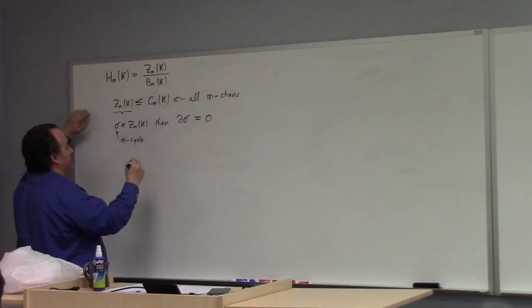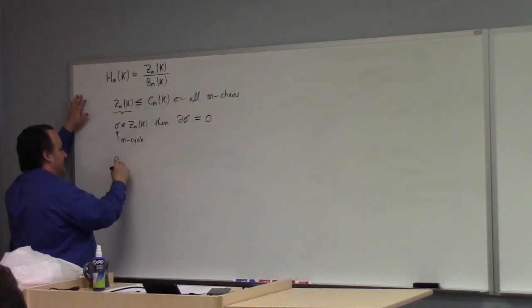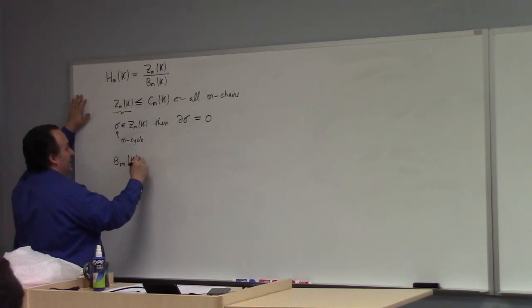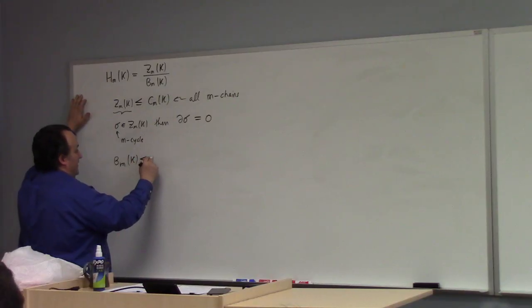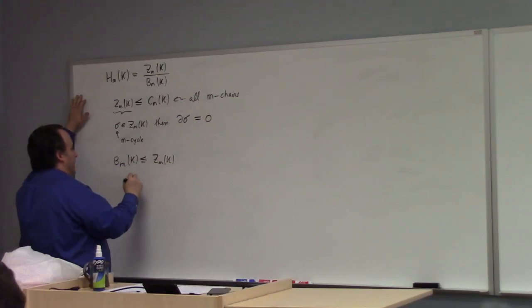On the other hand, B_M(K) is a subspace of Z_M(K).